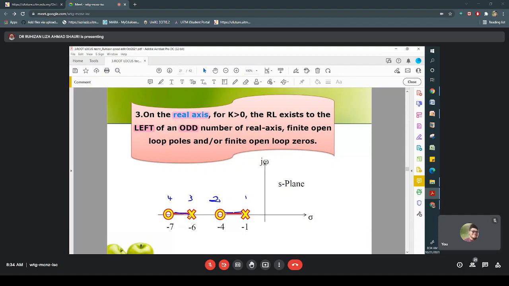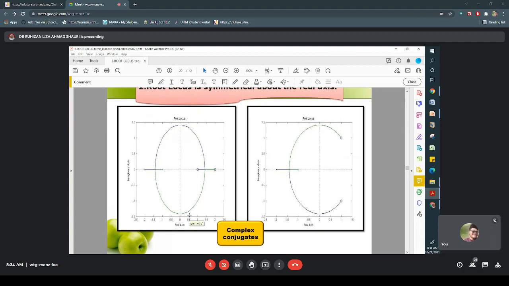All right. Now let's look at the previous example. This one. Shall we count this? First, second, third, fourth, right? Or obviously this and that. Please check whether it complied with the rules just now. The odd number must have the root locus exist on its left.